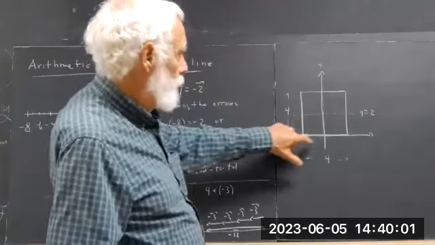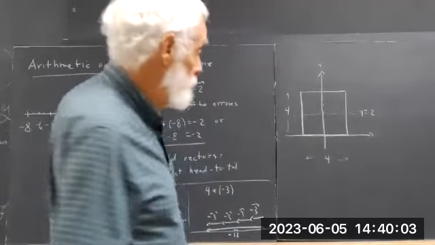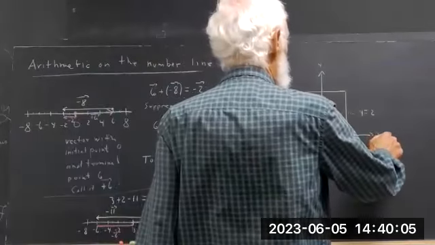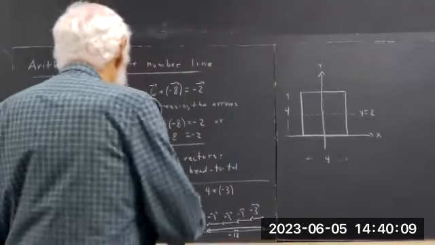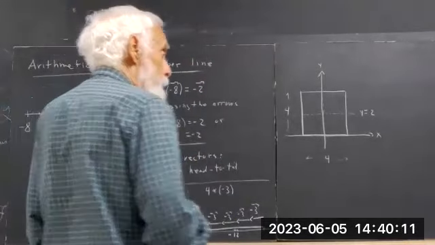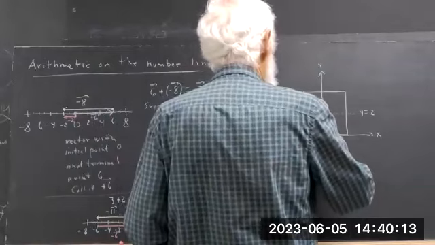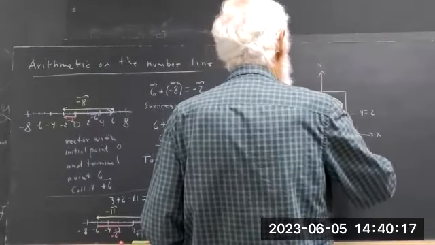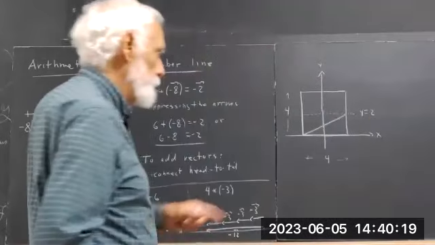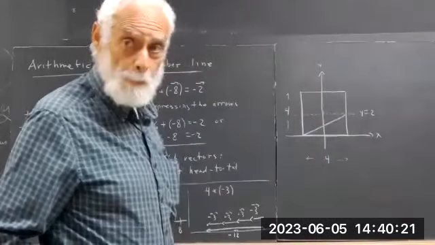Now to go back to our 4x4 rectangle, put an x-axis here, y-axis here. And I'm going to draw a straight line here. This is a straight line segment from here to here.